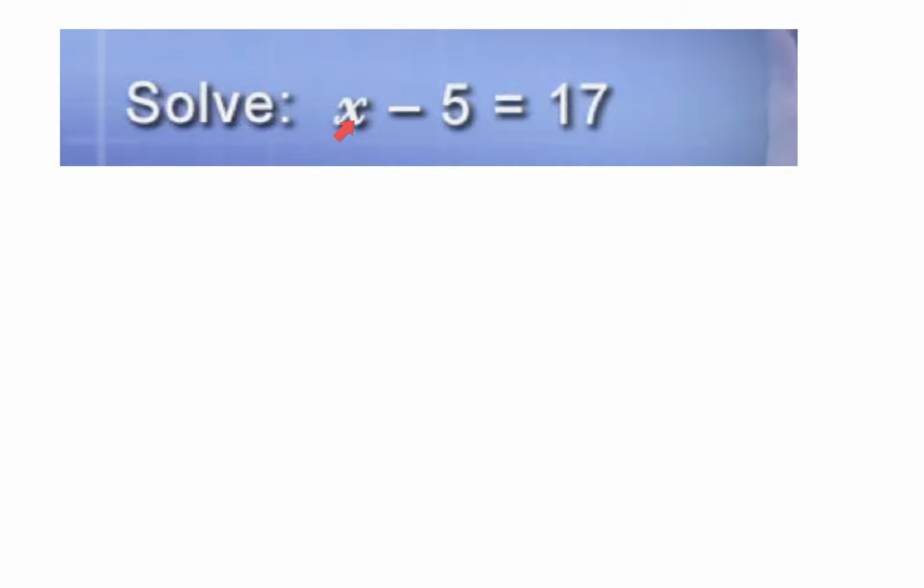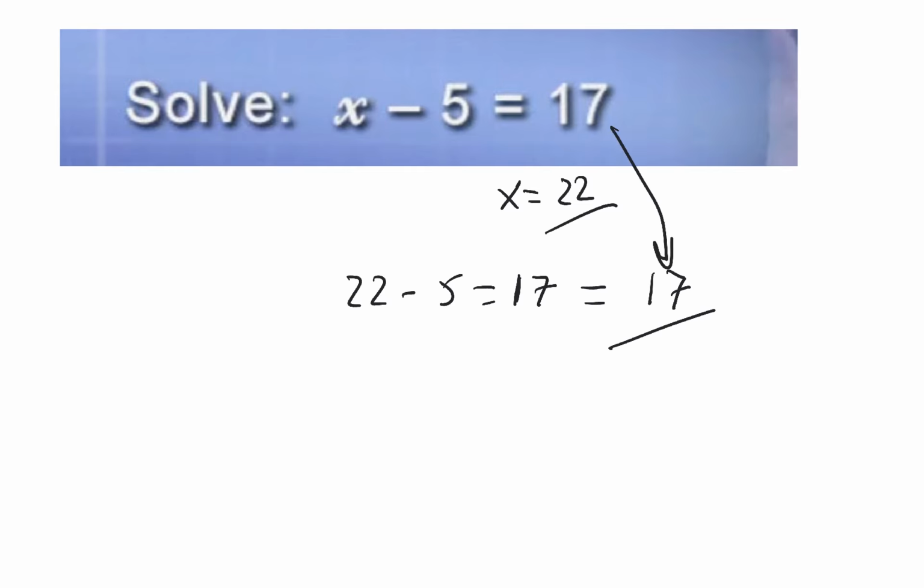If I plug in 22, 22 minus 5 is 17. So I can say that x equals 22 is the solution, because 22 minus 5 is 17. But this is not the way that we solve.